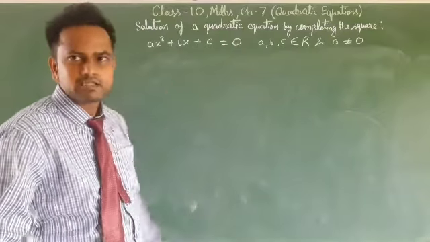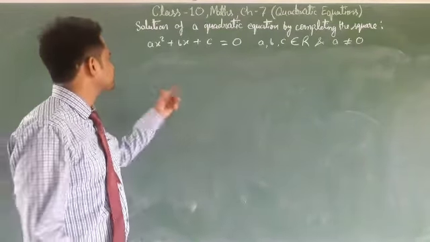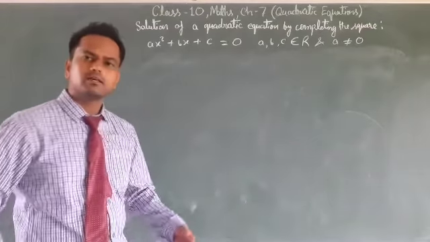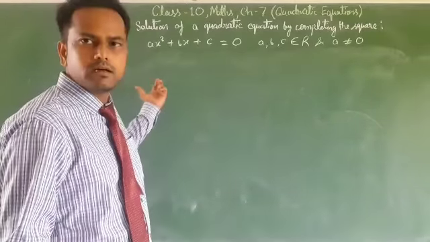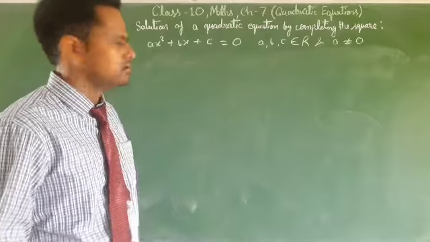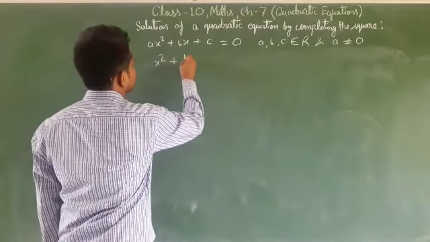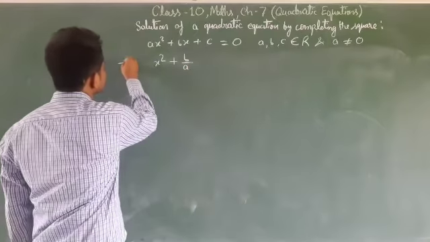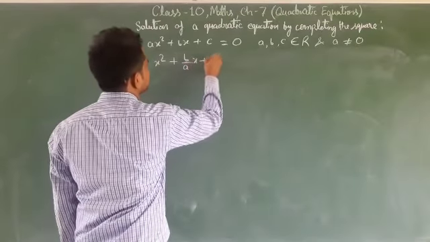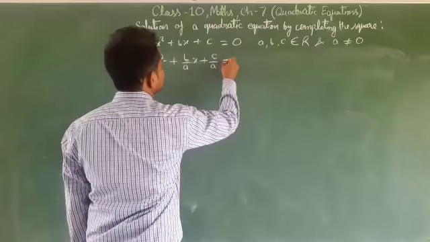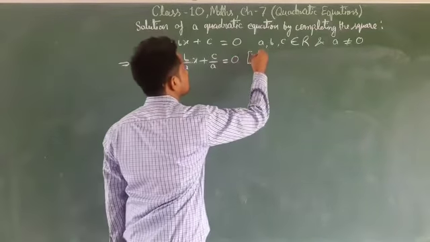Got it? Or in other words, we can say that dividing both sides by a, we get x square plus b by a x plus c by a is equal to 0.